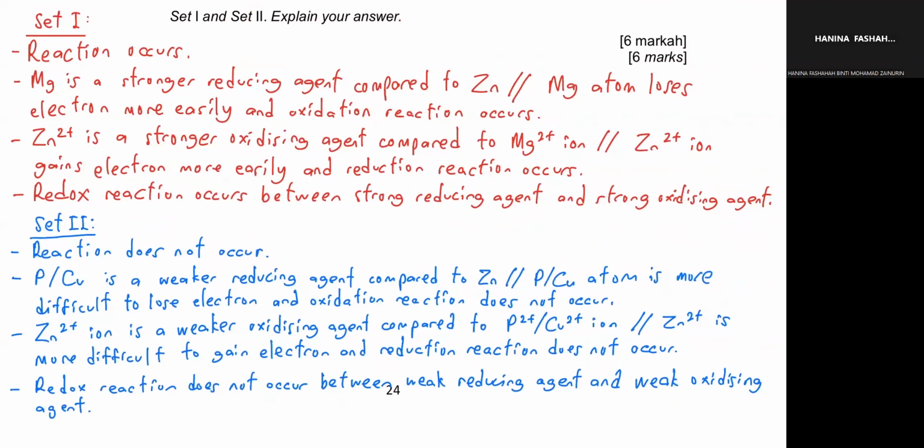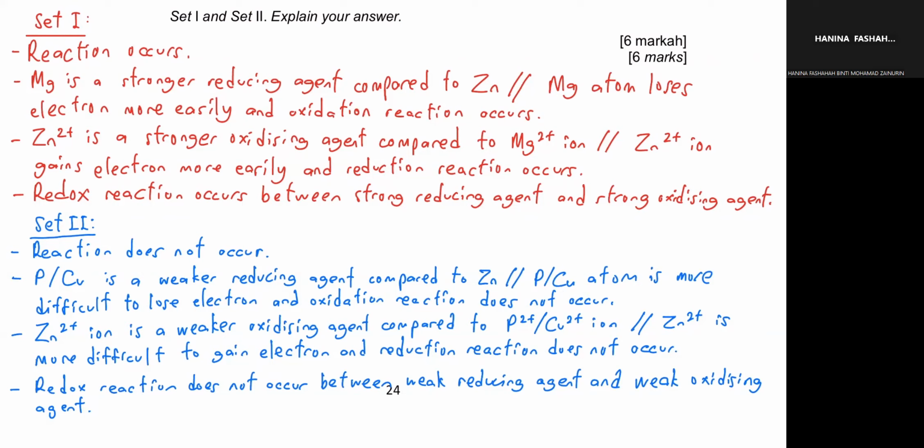In set 2, the reaction does not occur. Copper is a weaker reducing agent compared to zinc. You can basically spell out reducing agent and oxidizing agent, which one is weak and which one is strong. That's why the Cu atom is more difficult to lose electrons compared to Zn.